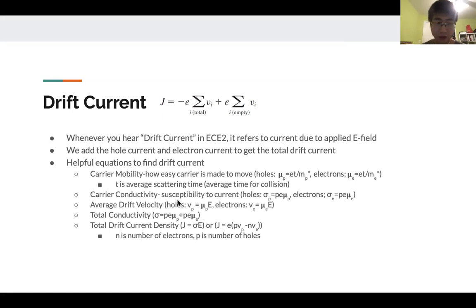And average drift velocity, that is mobility times electric field. And then total conductivity, just add the two, and total current density, you just take the total conductivity times the electric field.